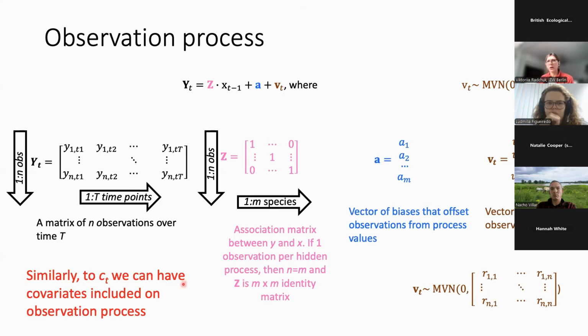And similarly to how we can include environmental covariates and assess their effects on the community dynamics in the hidden process, we can also have covariates included on the observation process. So if we know that there are certain covariates that affect sampling effort, they can also be included here. But I just show a simplified model specification.